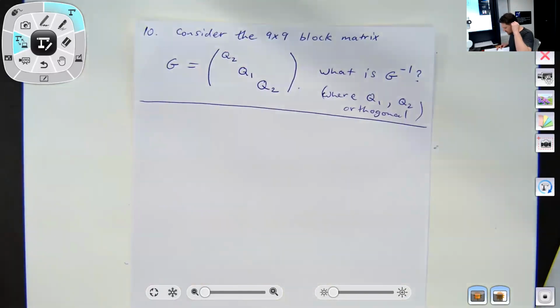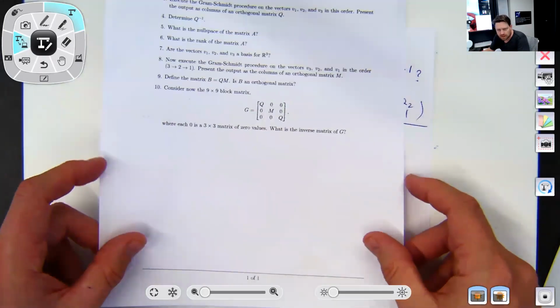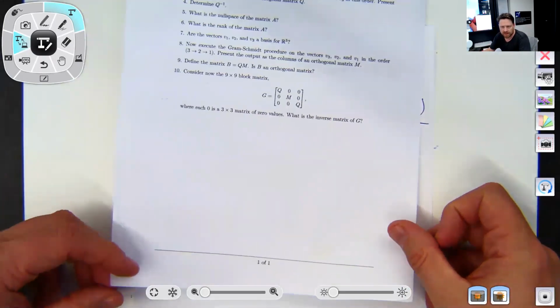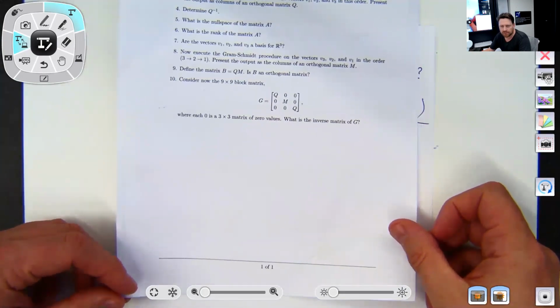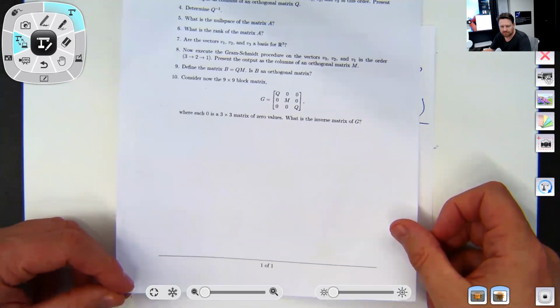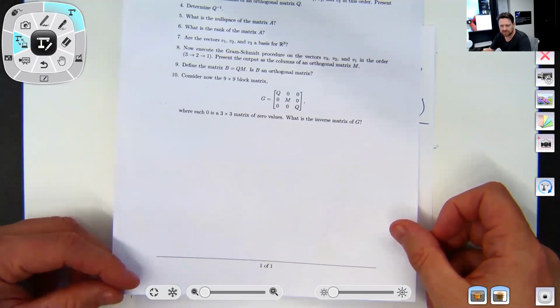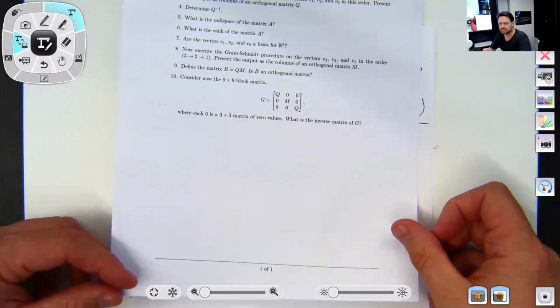and similarly, I've changed the language with this one too, okay? Because it was written in terms of M and Q, and I'll just show it to you. All right, so consider the 9 by 9 block matrix G with diagonal entries Q2, Q1, Q2. Each of the zeros is a 3 by 3 matrix of zeros. So what's the inverse of G?